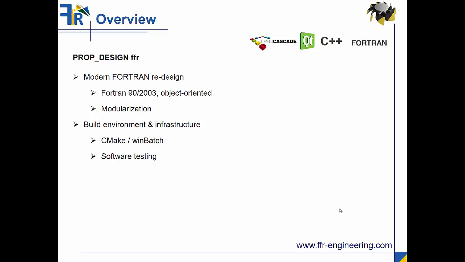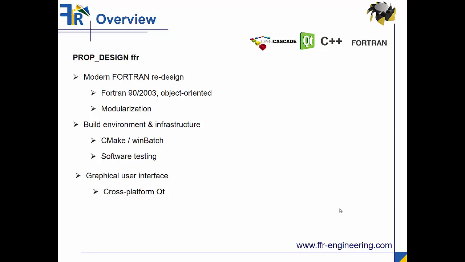Also, I personally changed some of the build environments and the infrastructure, for example introducing CMake and some testing tools. And most of all, we decided to give the code a graphical user interface and to use the cross-platform Qt development tool for that. We decided that having a graphical user interface could be quite neat for such a tool.